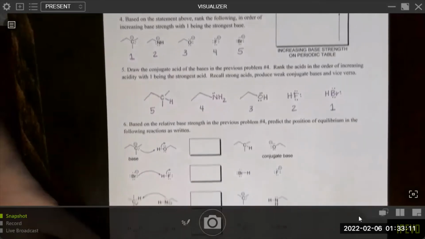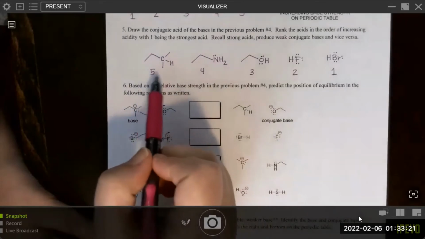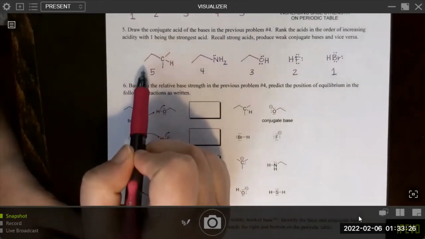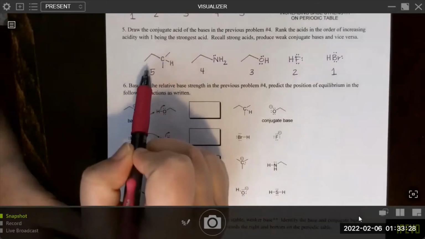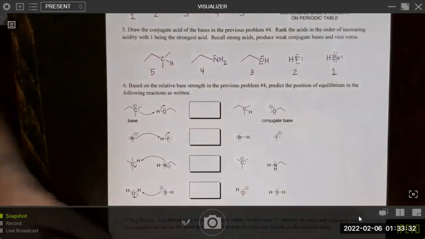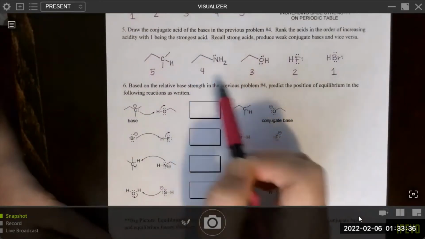And then if you actually knew pKa values, you could use that to justify your prediction here based on the atom. Specifically, the pKa of an alkane is typically somewhere between 44 and 50. That's very weak in terms of an acid. The amines are typically anywhere between 35 and 38.